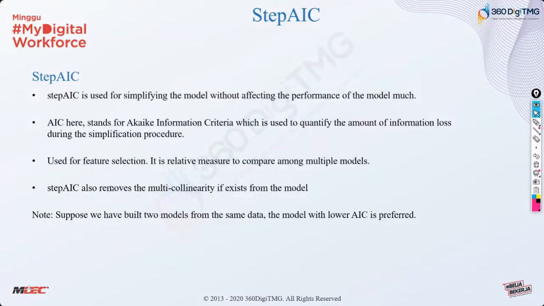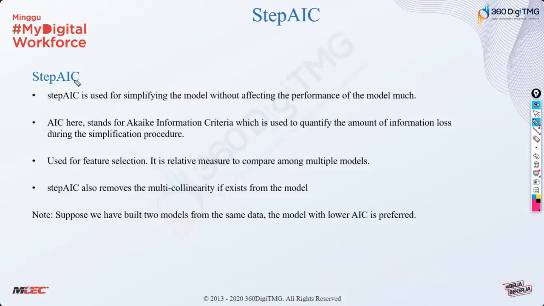Now, step AIC is a simple parameter calculation. Your R or Python programming have ready-made functions. You just use those functions, and the step AIC will be calculated for each and every parameter that you are trying to capture.